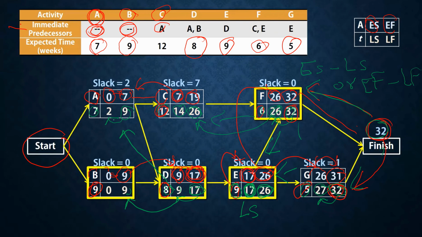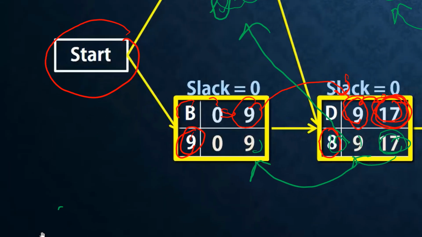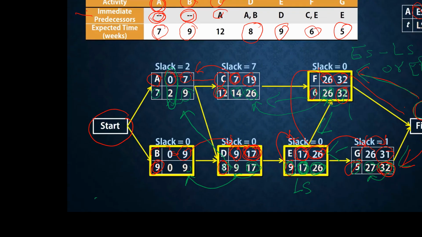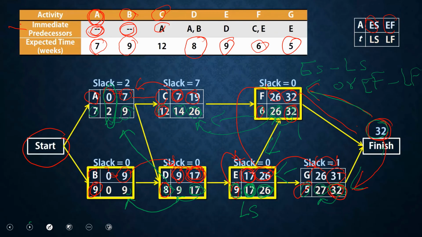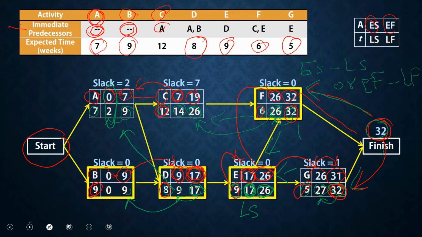Let us change the color here. So late start minus early start is equal to 2, or the same here, late finish minus early finish is equal to 2 as well.